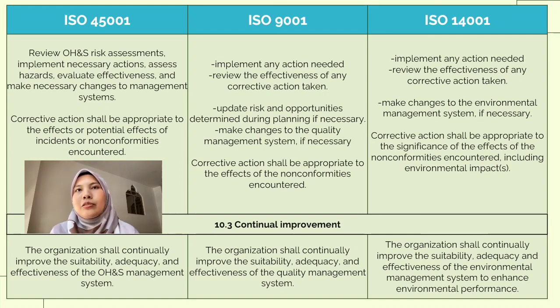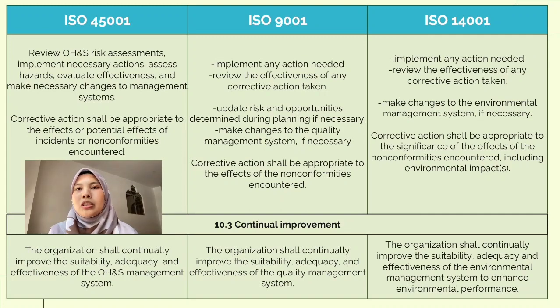While in ISO 9001, it states to implement any action needed, review the effectiveness of any corrective action taken, update risks and opportunities determined during planning if necessary, and make changes to the quality management system if necessary, so that corrective action shall be appropriate to the effects of the non-conformities encountered.